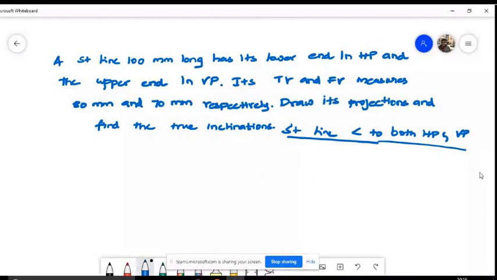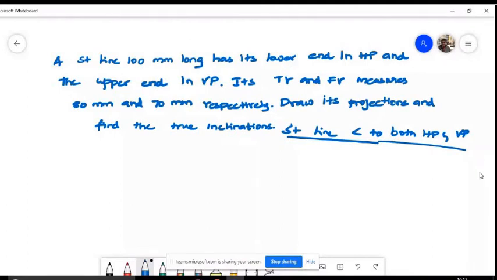Rotating line method, you can solve. Because you need 5 data to solve a problem. Do you remember that? Yes, sir. We have 5 data.